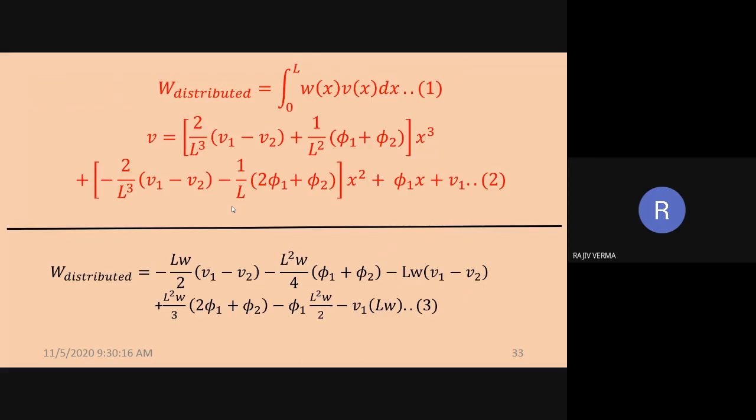We substitute the value of V from expression number 2 into expression number 1 and carry out the required integration. This gives us the value of the distributed work done, written in expression number 3.